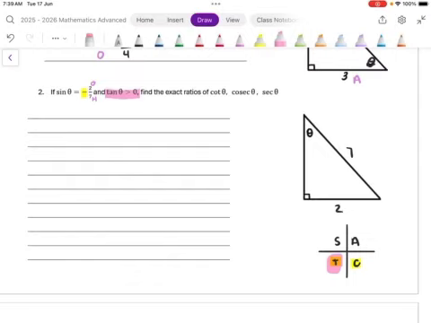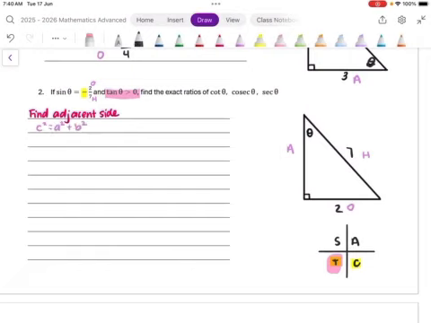Now, we need to find our adjacent side of our triangle. We know our opposite side and our hypotenuse, so we need to find our adjacent side. And how we're going to find our adjacent side is using Pythagoras. So we all should know that our Pythagoras theorem is c squared equals a squared plus b squared.